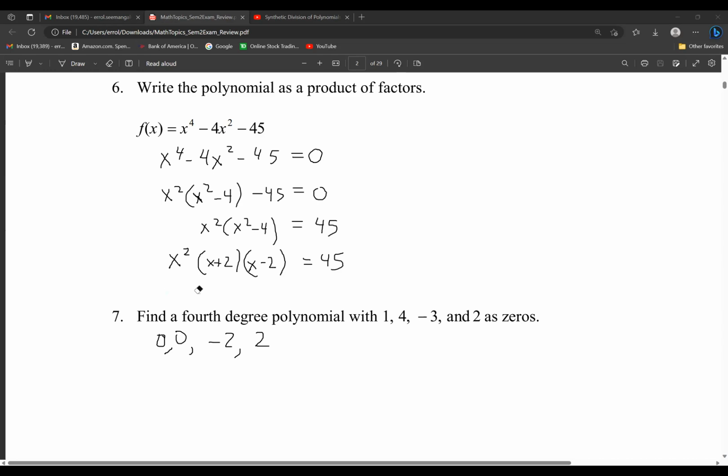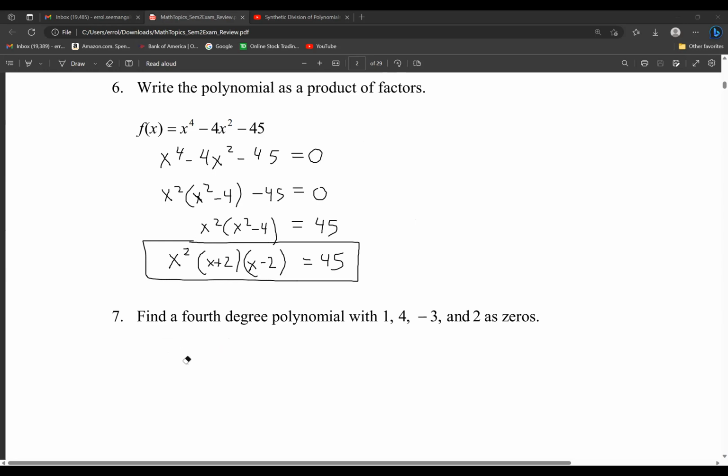So now it says write the polynomial as a product of factors. Yeah, you could just leave it like this. Yeah, because 6 and 7 are related.